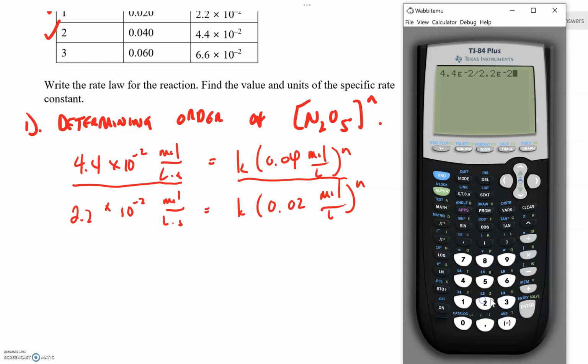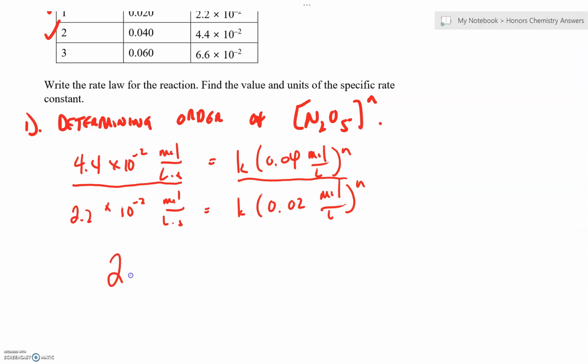It's really not necessary, but we'll do it anyway. So over here we have 2 is equal to, and we're canceling all this stuff out, and what we're left with is 0.04 divided by 0.02. You do not need a calculator for that one.